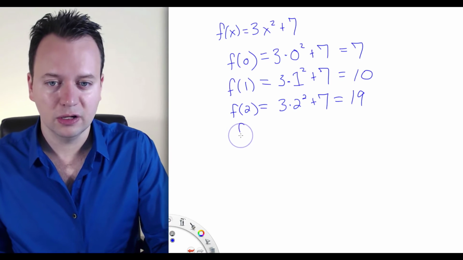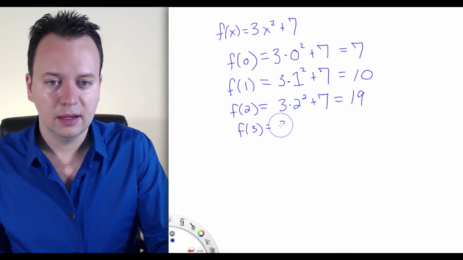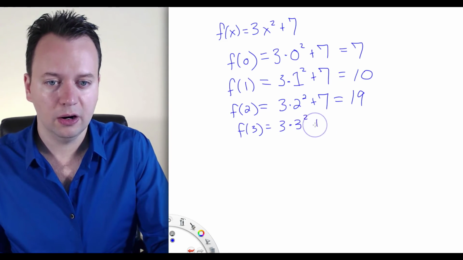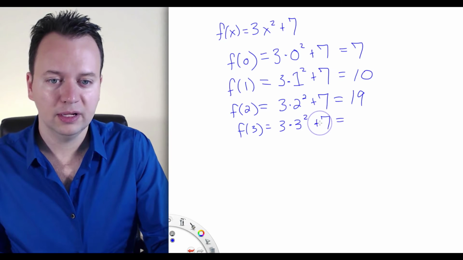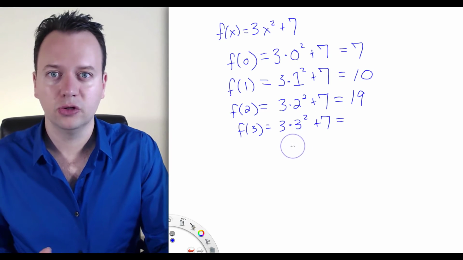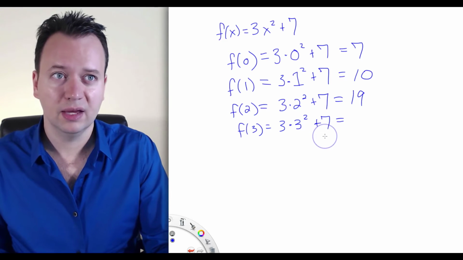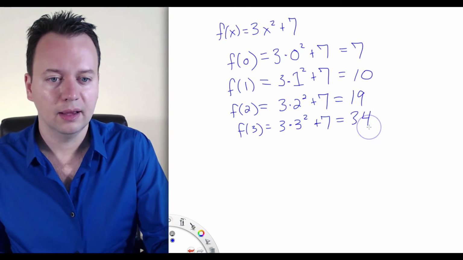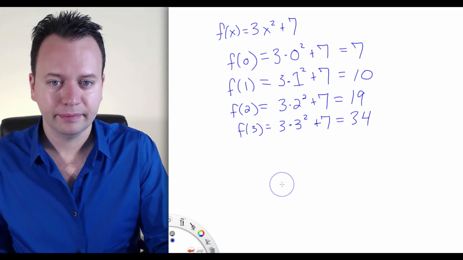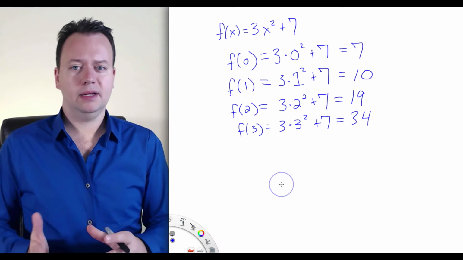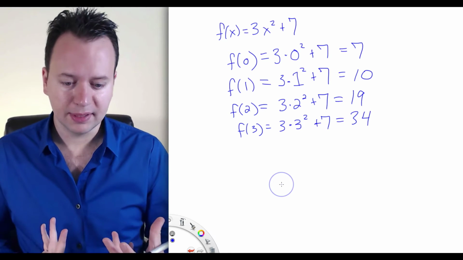We can continue this way. f of 3 is 3 times 3 squared plus 7. Well, 3 times 3 squared is 3 cubed, which is 27, plus 7, okay, 27 plus 7 is 34. So any number that walks in, we can compute the number that comes out.